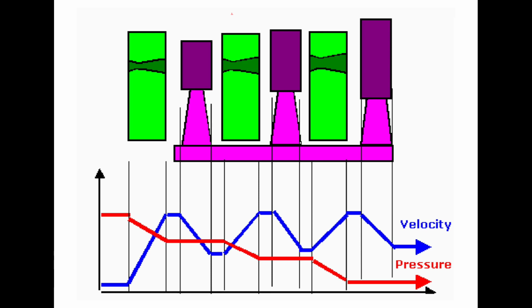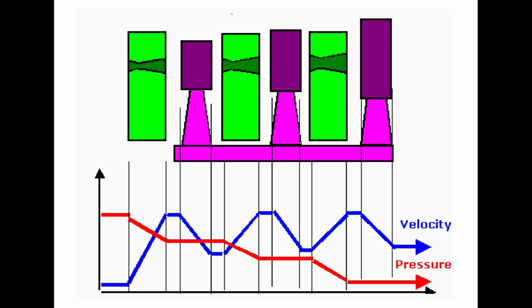This is the velocity and pressure schematic diagram. If you see the green color, which denotes the nozzle, it is supplying steam through the nozzle, increasing the velocity by decreasing the pressure.